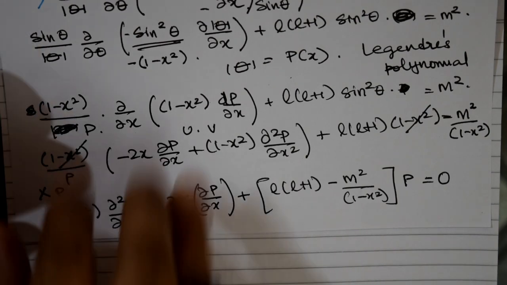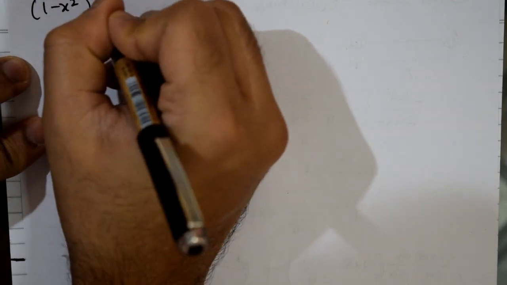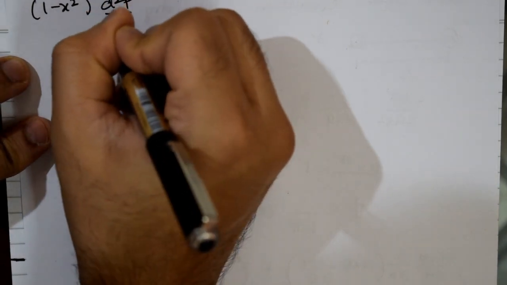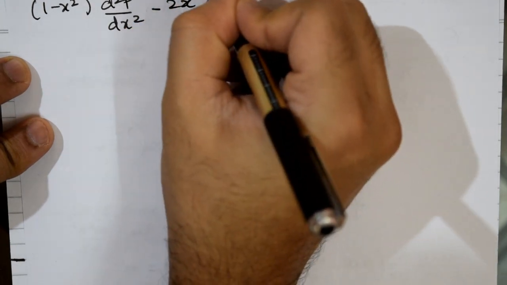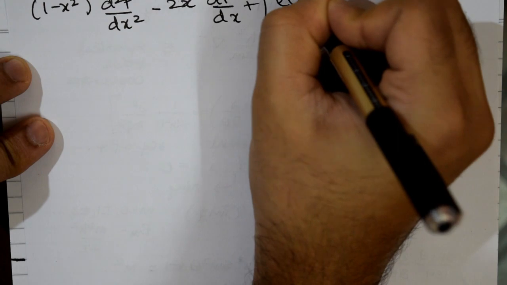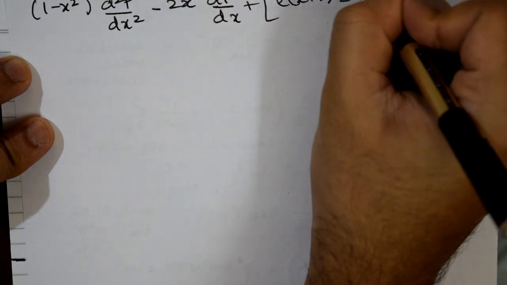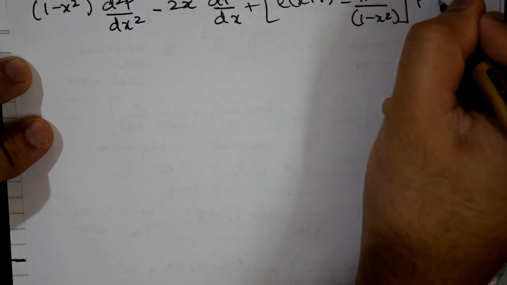So let me rewrite this equation so that we can start discussion from there. 1 minus x square times the second differential of P with respect to x, minus 2x dP over dx, plus L into L plus 1 minus m square by 1 minus x square, P equal to 0.